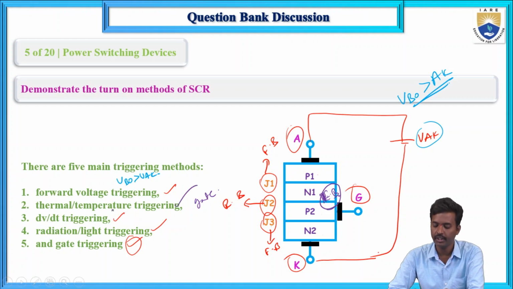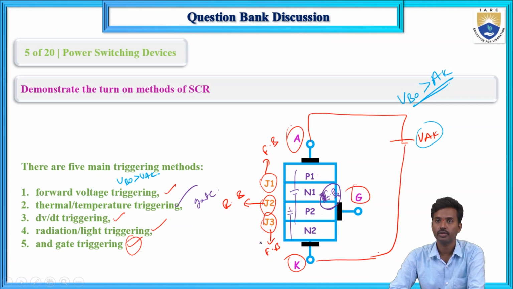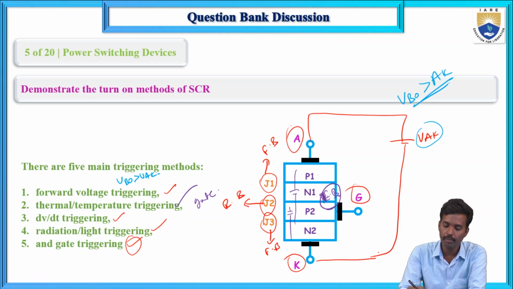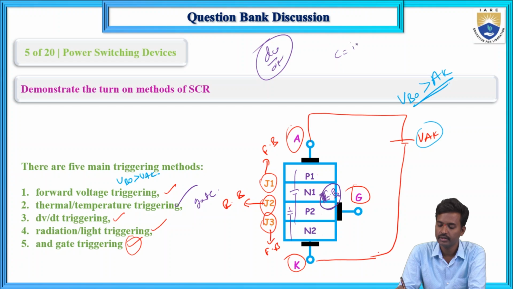And next, dV by dt. There may be some internal capacitances. Because of this dV by dt, a sudden increase in voltage, I equals C dV by dt.